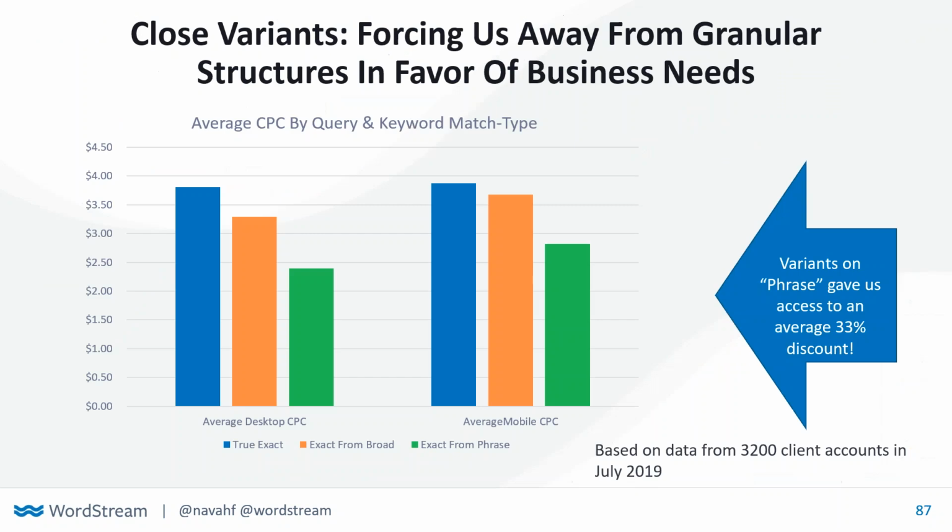What I found really fascinating is that when we looked again at that same cohort with the automated bidding, for variants that matched by exact but where the keyword itself was phrase, it was actually 33% cheaper across both desktop and mobile than bidding on true exact. So if you're concerned that you need that exact match term, remember that bidding on phrase will still give you access to exact.